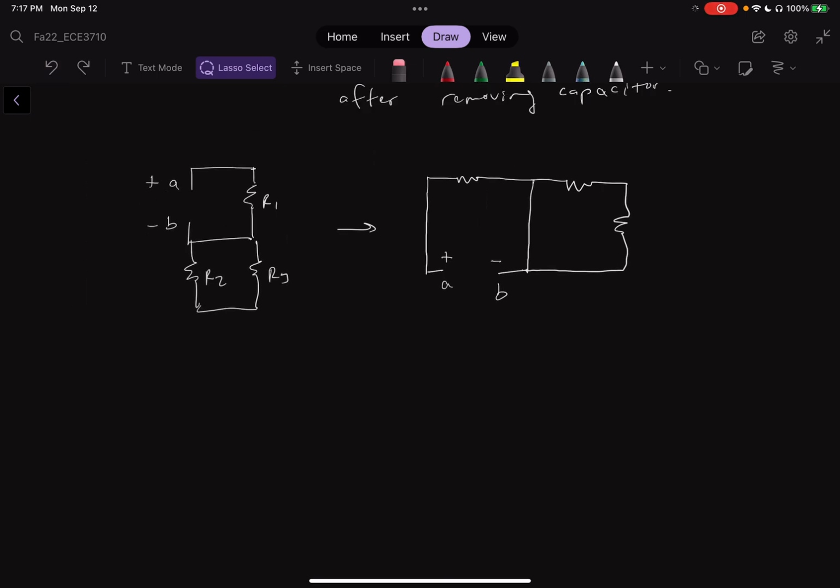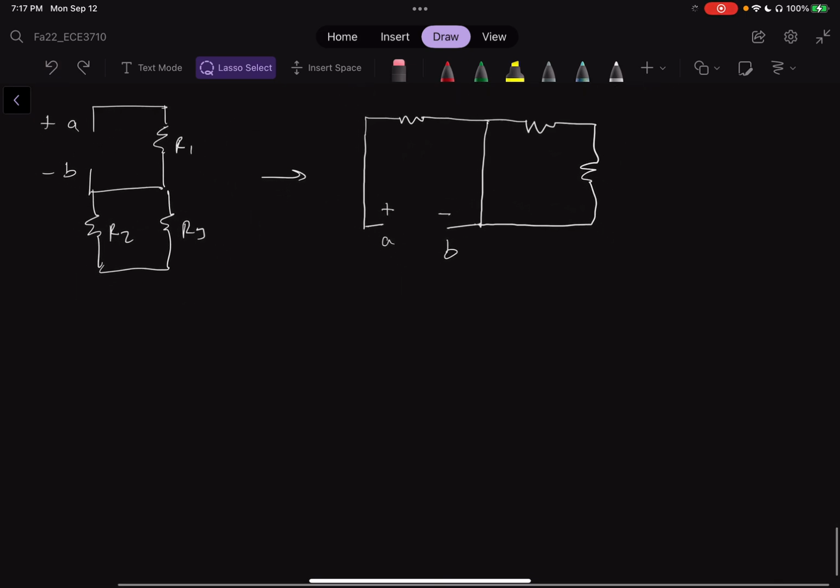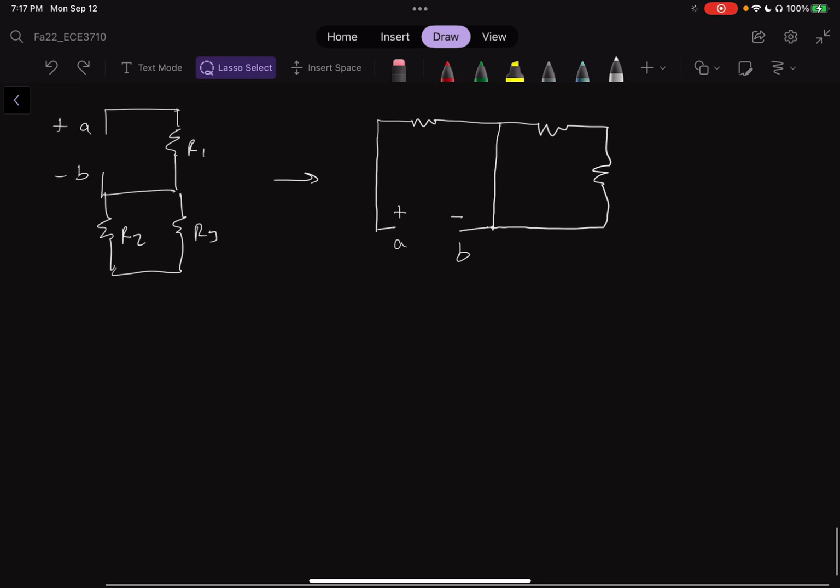You're going to have a circuit shown on the right-hand side. This is R1, this is R3, this is R2. Notice that there's a short here, a wire. Therefore, R3 and R2 are not going to be seen in the circuit because current will only go down here.